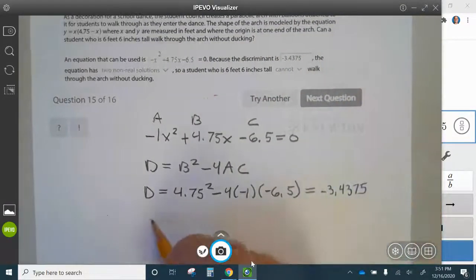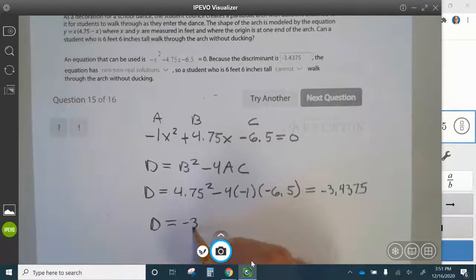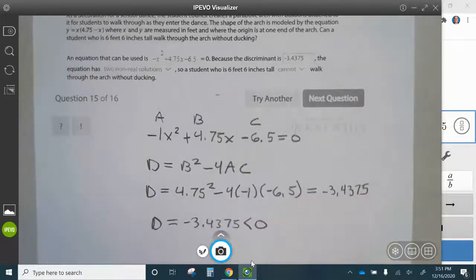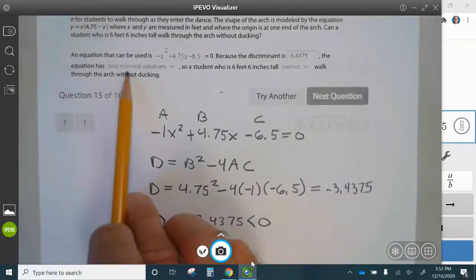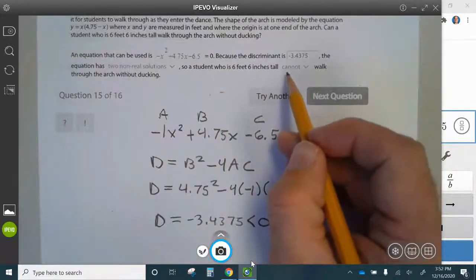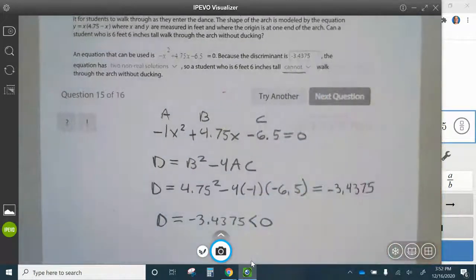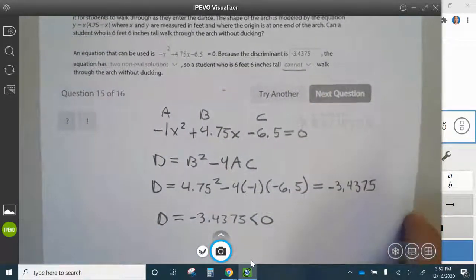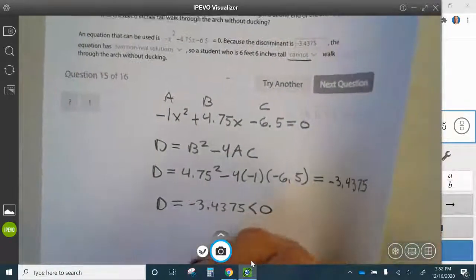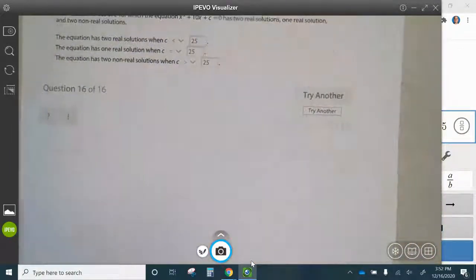Now we know that the discriminant equals negative 3.4375, which is less than 0, so we know it has two non-real solutions. So a student that is 6 feet 6 inches tall cannot walk through the arch. Okay. All right. Let's take a look at the last question.